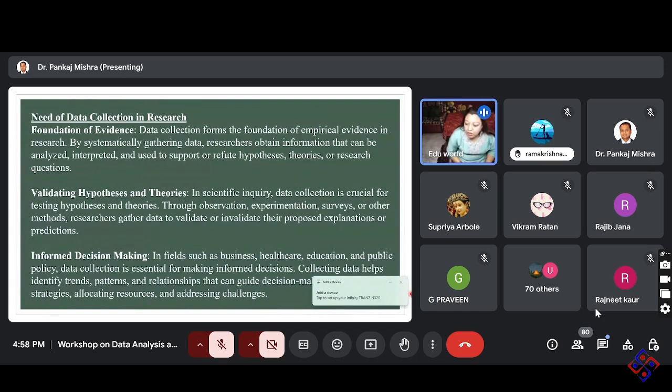But for hypothesis testing, we need to test those assumptions. Whatever assumptions we have already formulated, we have to test on the basis of the 5% as well as the 1% level. Then only can we say whether the hypothesis is accepted or rejected.